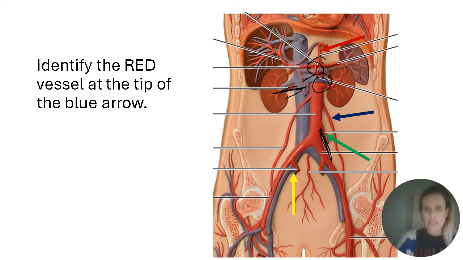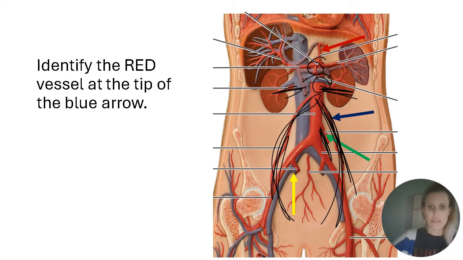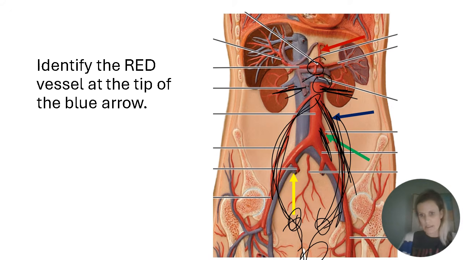For example, going to the kidneys, we have the renal arteries. Then this is pointing at these like little thin ones. They end up going all the way down into the pelvis. Those are gonadal arteries. They'll go down to the ovaries if it's a female, or if it's a male, they'll actually go down into the scrotum and go to the testes.